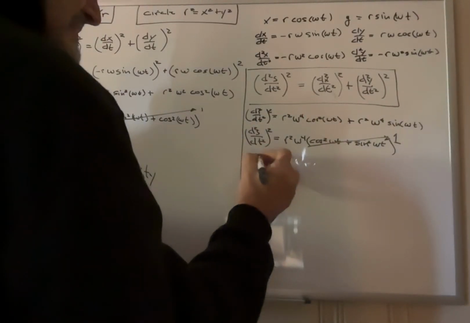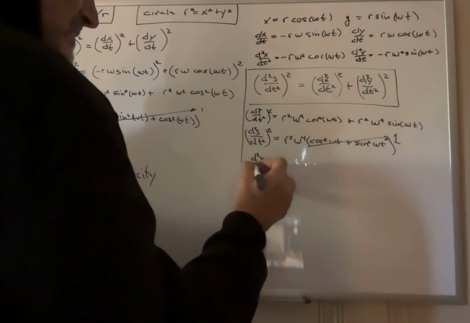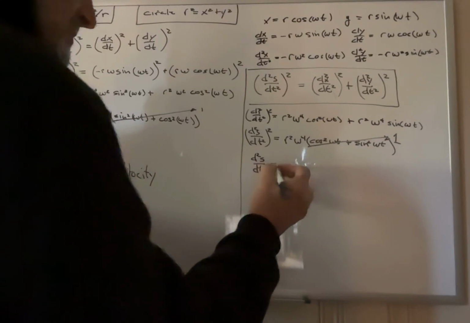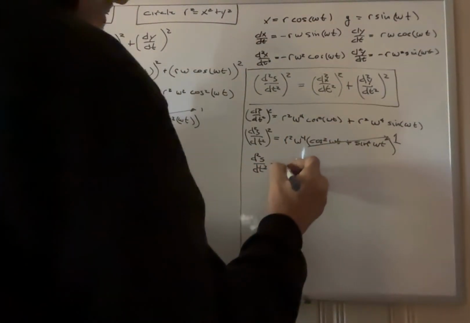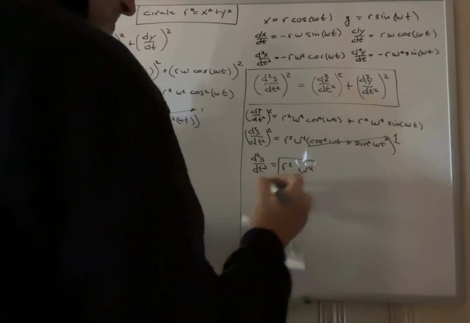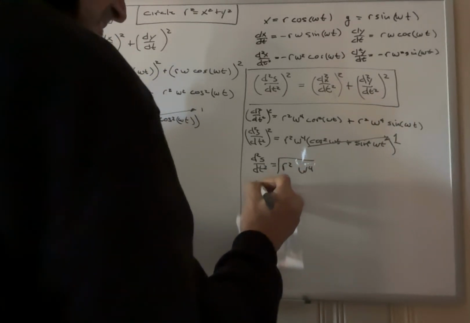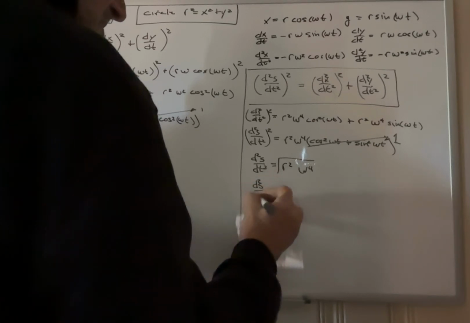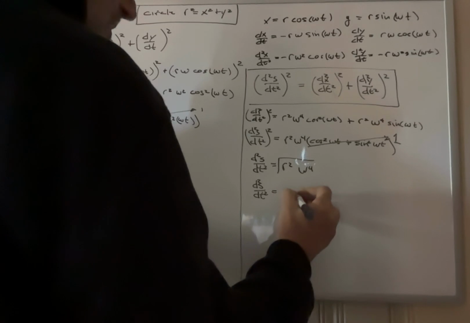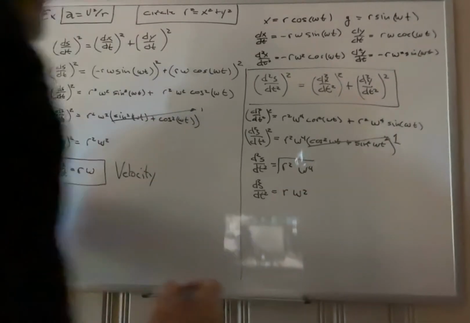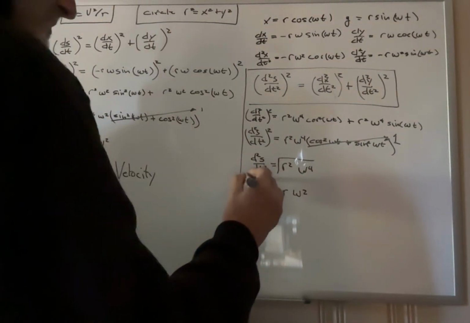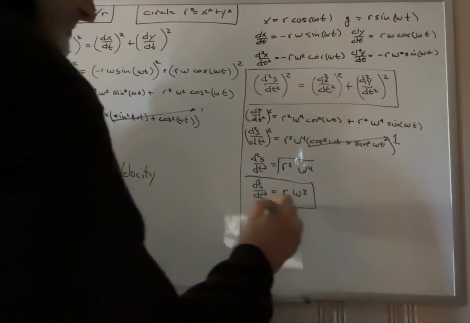So we have the second derivative of s is equal to the square root of r squared w to the 4th, which is r times w squared. This is our acceleration.